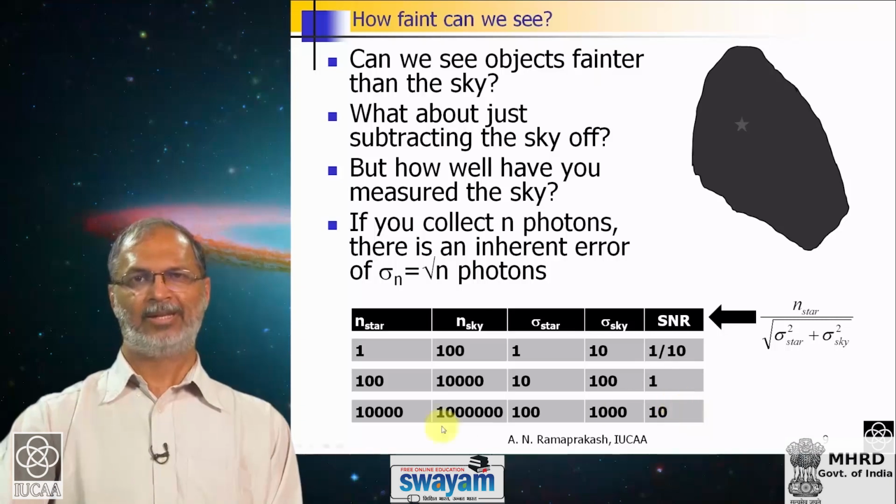So, clearly making a telescope larger and larger will allow you to see objects which are fainter and fainter.